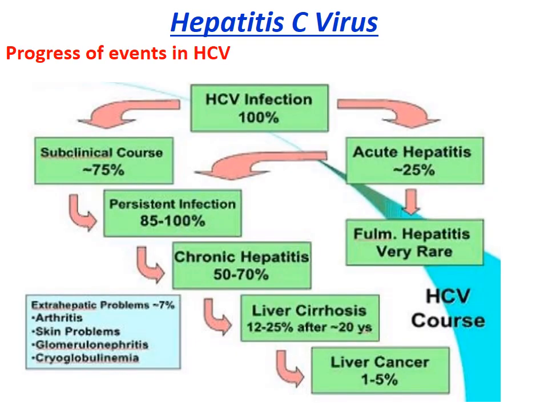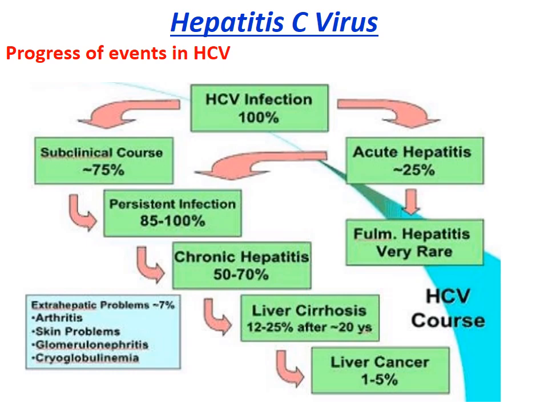Here you can see the progress of events in HCV. Of 100% HCV infection, acute infection occurs first in 25% of the cases. 75% of cases remain subclinical and unnoticed.